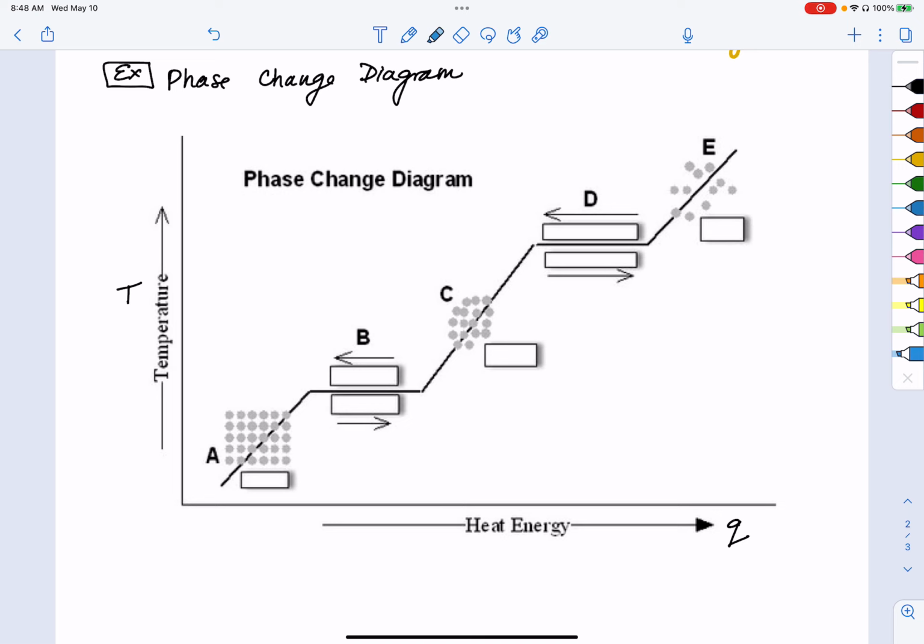In region A, I'm looking at a set of temperatures and amounts of heat that will keep my phase in the solid phase.